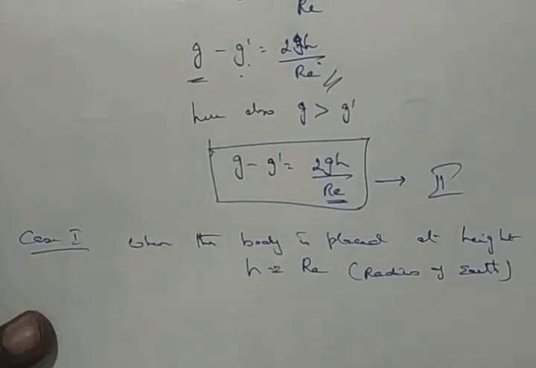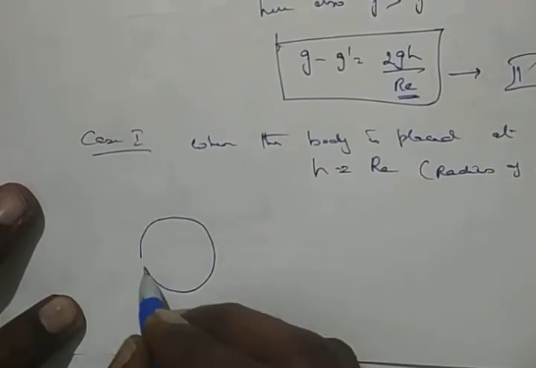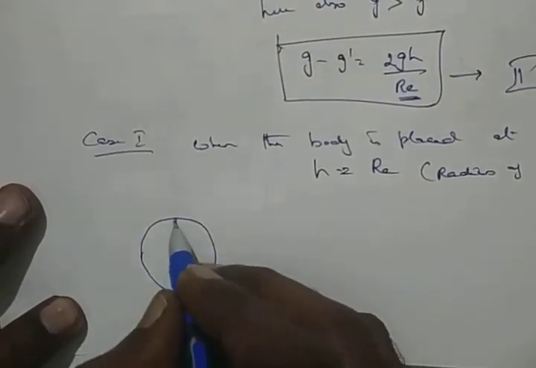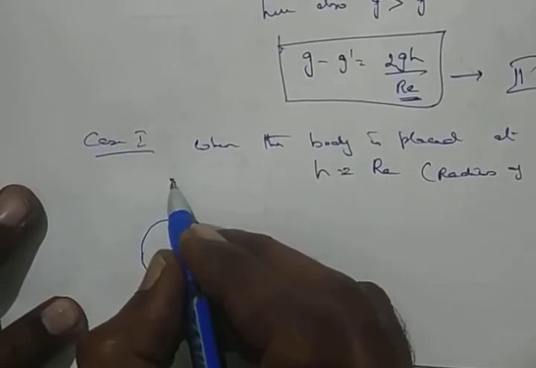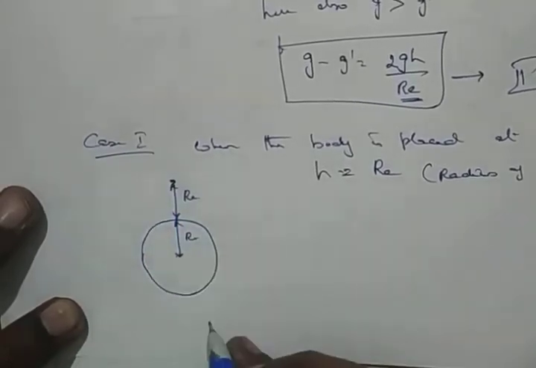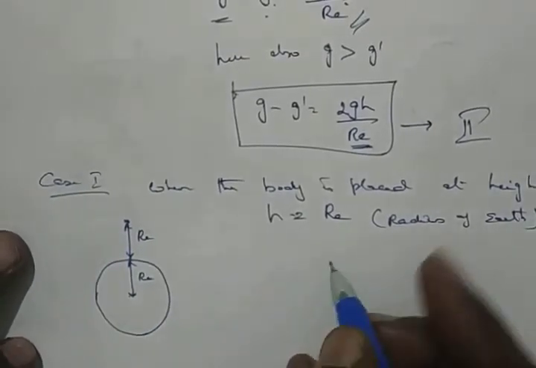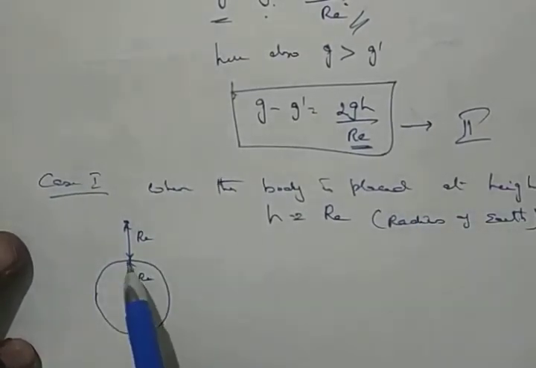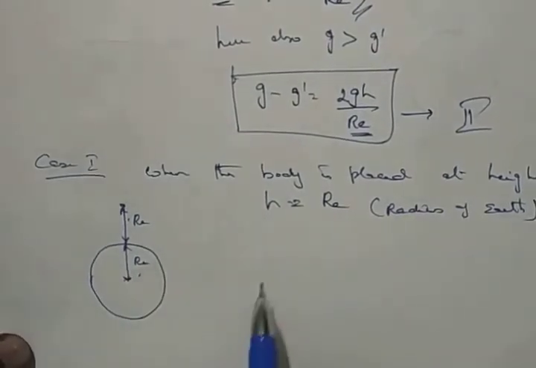So what will happen here? If you go to a place, this is RE, exactly here you go till this point, the same RE is there. For this one the height is not negligible, it is quite a bit. 6400 is also 6400. So which equation has to be used?